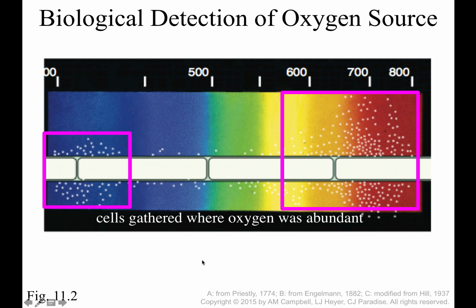If you shine different wavelengths of light on bacteria that can detect oxygen, they congregate around wavelengths of light where lots of oxygen is produced, and not so much around wavelengths where not much oxygen is produced. Notice that is green. Not much oxygen is produced in green wavelengths, and plants are green because they reflect green light, not because they absorb green light.